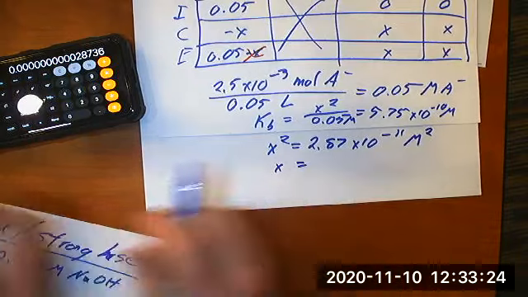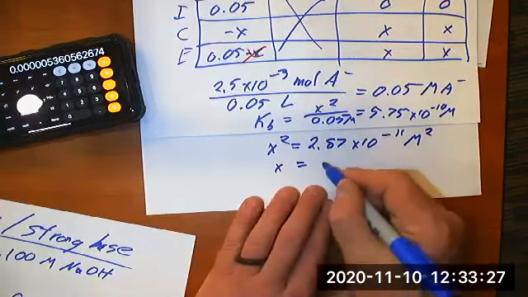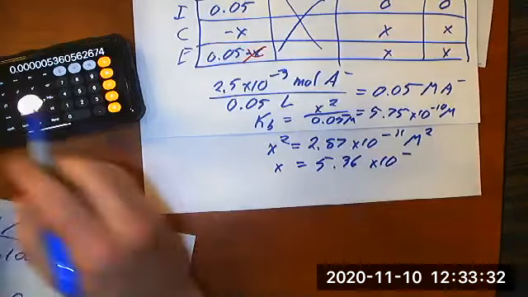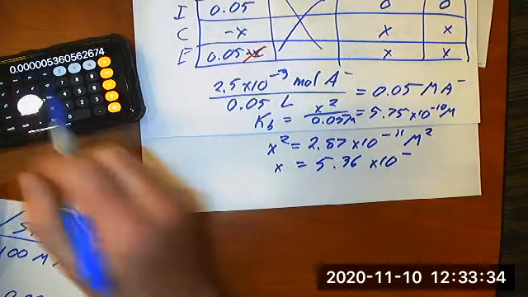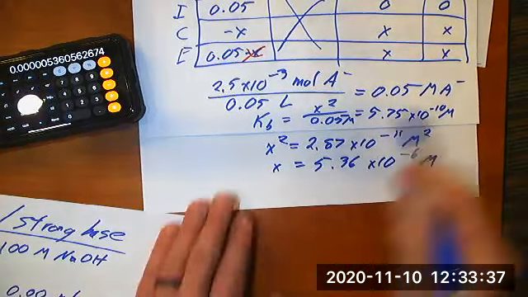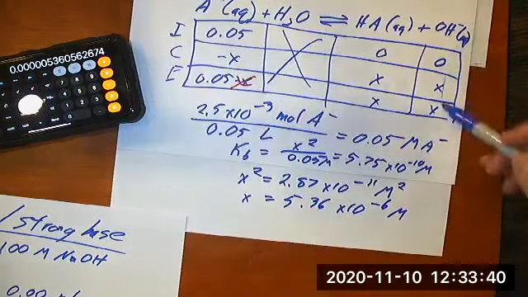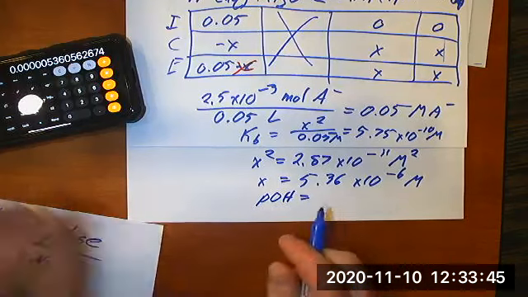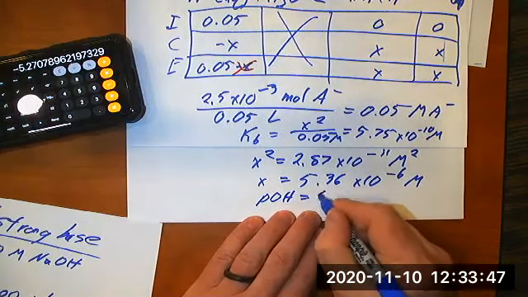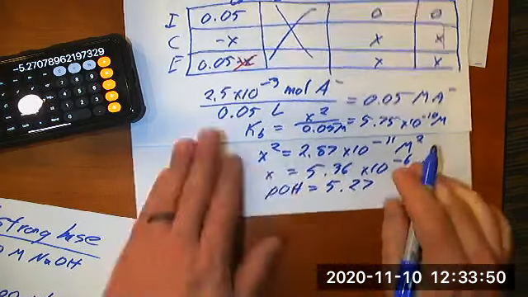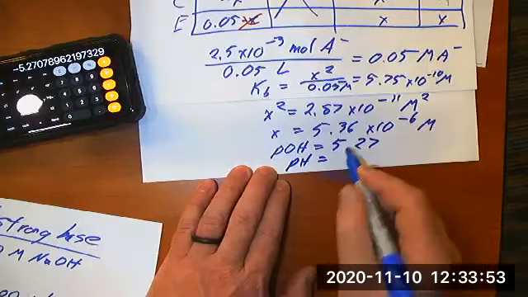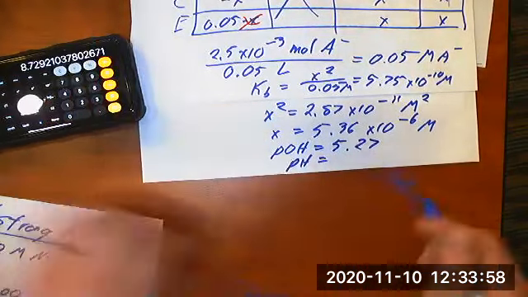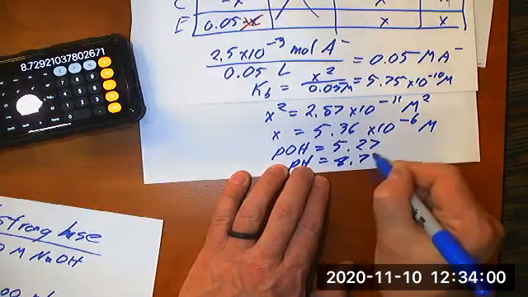And so we take the square root of that to get x of 5.36 times 10 to the negative 6 molar. That is our hydroxide ion concentration. So our pOH equals negative log base 10 of that, 5.27. And so our pH is 14 minus this, 8.73.